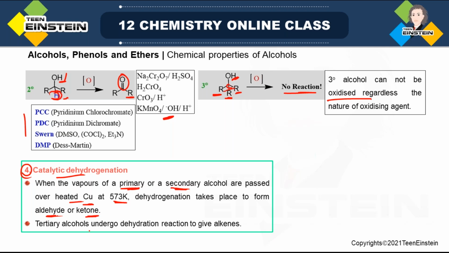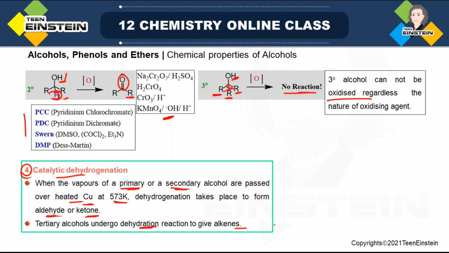But remember, if it is tertiary alcohol, now instead of dehydrogenation, what takes place? Dehydration takes place, and ultimately you get elimination reaction, which is giving you alkene, that is C-C double bond.